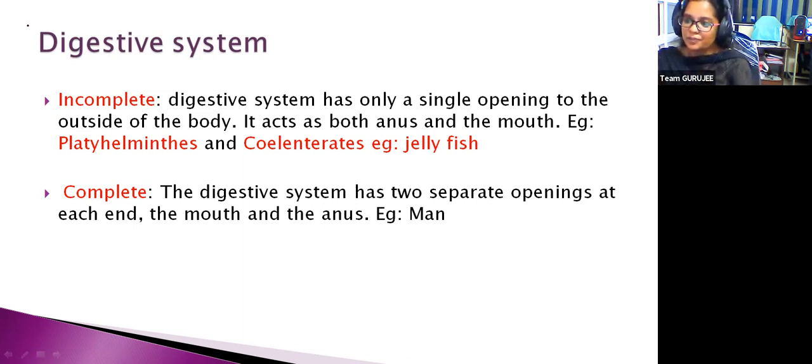Incomplete means they have one opening which acts as both mouth and anus. For example, jellyfish have a single opening which acts as both the mouth and anus. For example, man, we have a complete digestive system, starting from mouth to anus.